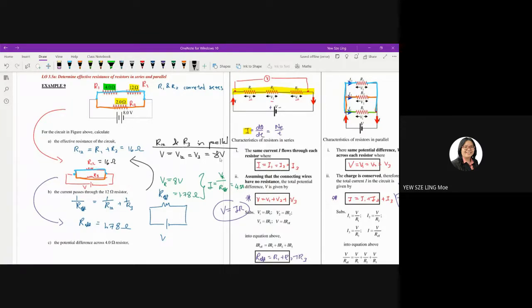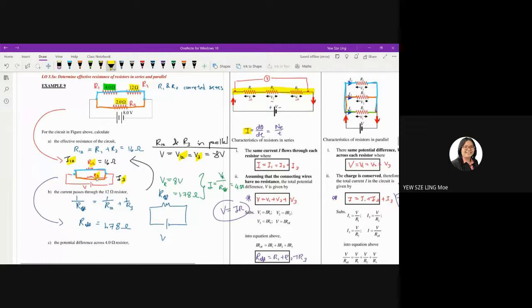Once you obtain the V, you can proceed to calculate I12 and also I3. Since you already have V12 and R12, you can calculate I12; you have V3 and R3, so you can calculate I3.